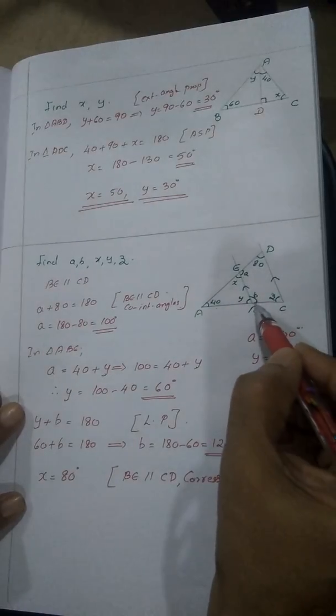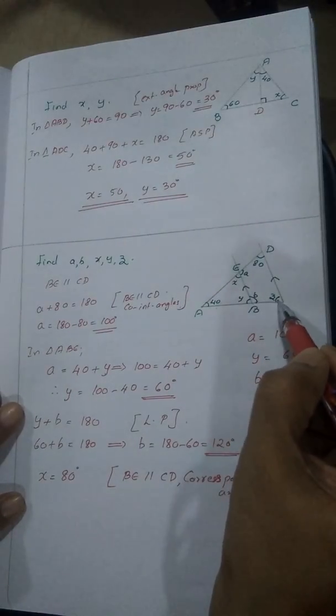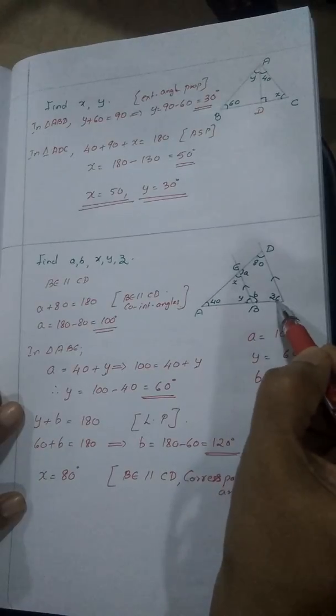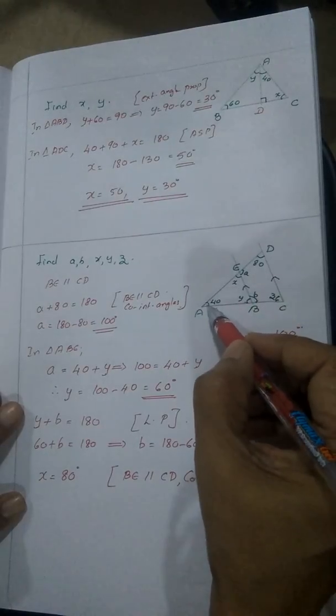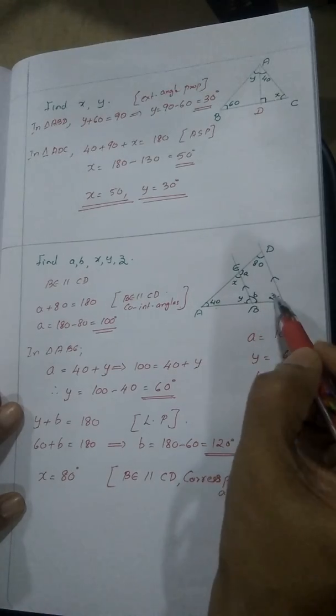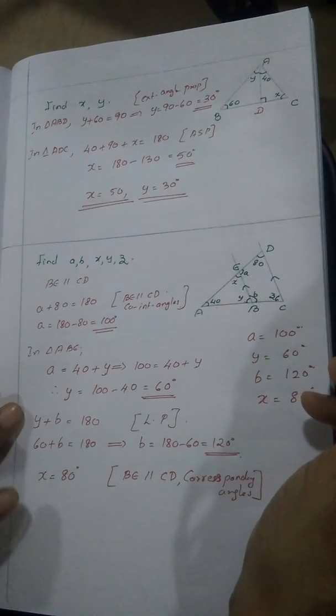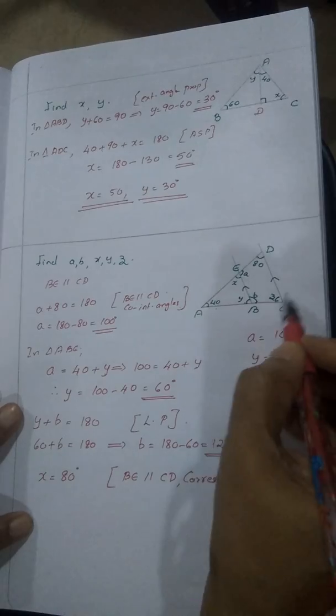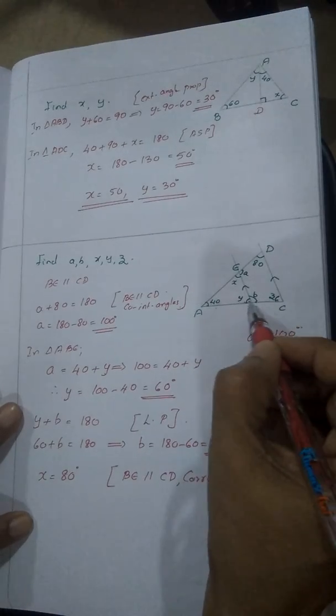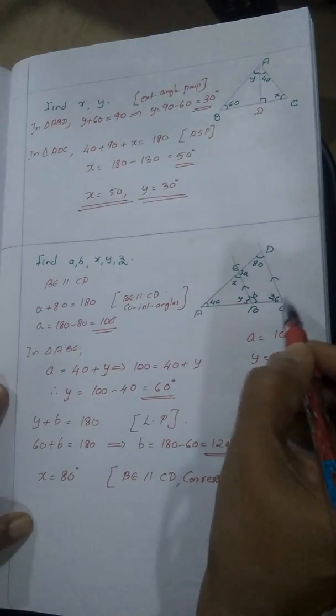Now we can find Z either because Y and Z are corresponding angles, or we can use angle sum property: 80 plus 40 plus Z is equal to 180 and then solve it. Or the easier way is Z and Y form corresponding angles.